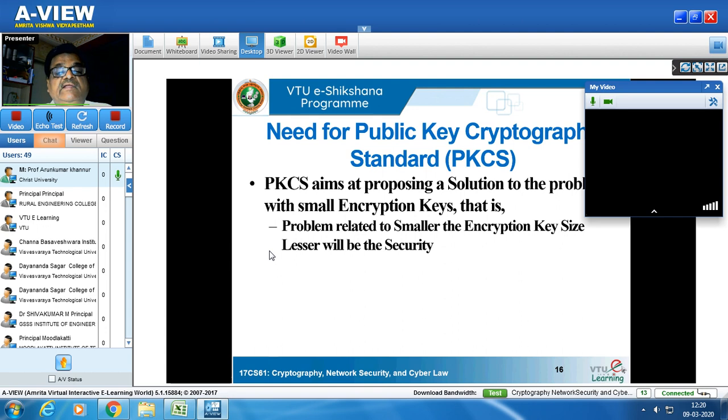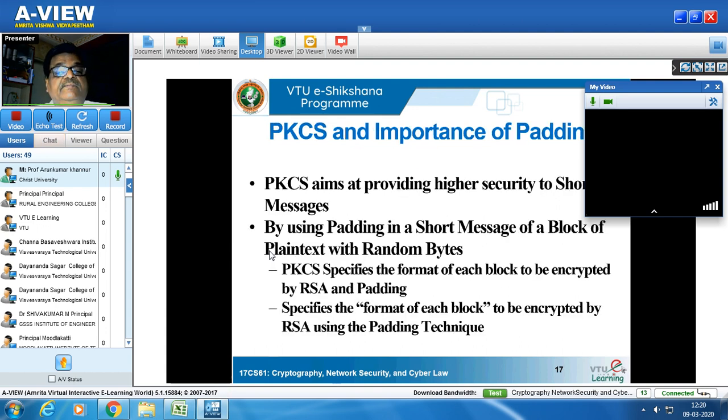To do that, it has undertaken some tasks. And this PKCS uses the padding concept. Padding is a concept of adding bogus digits in the message.